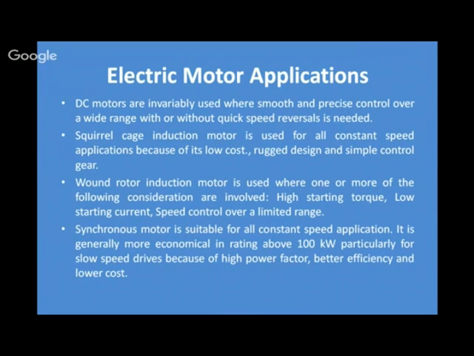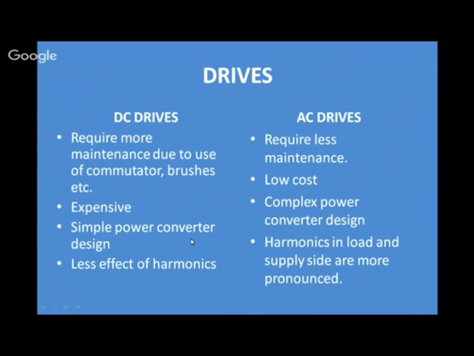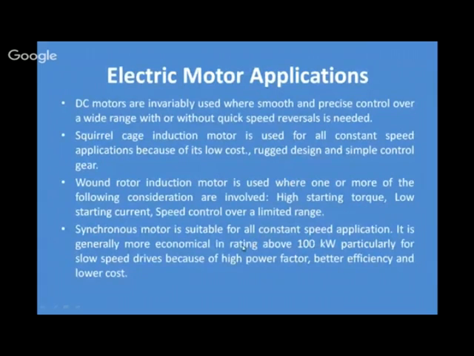Then we have synchronous motors. These are usually used in applications where we require a very constant speed or very precise control on speed, but these are economical only above the 100 kilowatt rating, and they have better efficiency in that range. Therefore we use these motors only in drives where we have a constant speed as well as power requirement above 100 kilowatts.